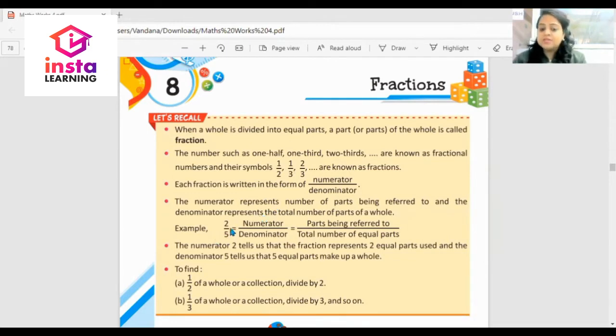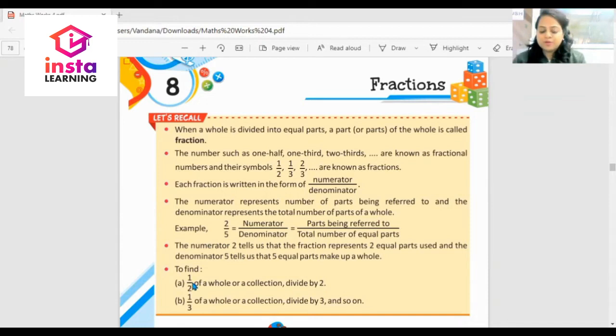For example, in 2/5, 5 is the denominator and 2 is the numerator. The numerator 2 tells us that the fraction represents 2 equal parts used, and the denominator 5 tells us that 5 equal parts make up a whole.